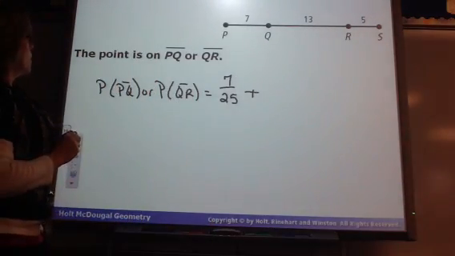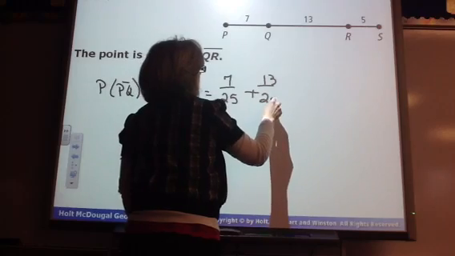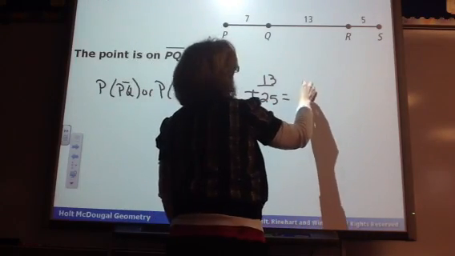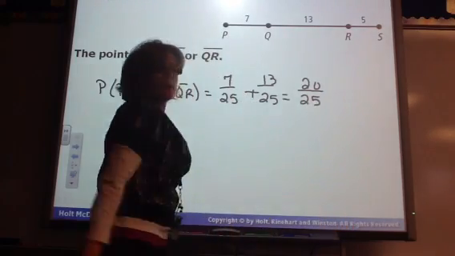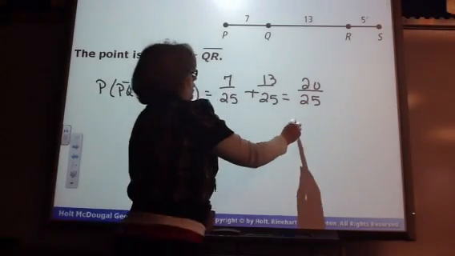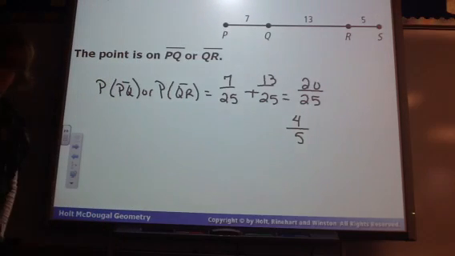Probability of QR would be 13 over 25. So then the probability of it landing on one of those two segments would be 20 out of 25. And you can simplify and get 4/5.